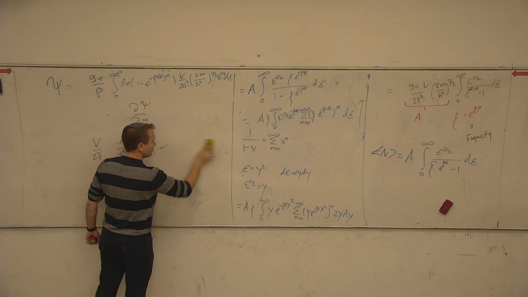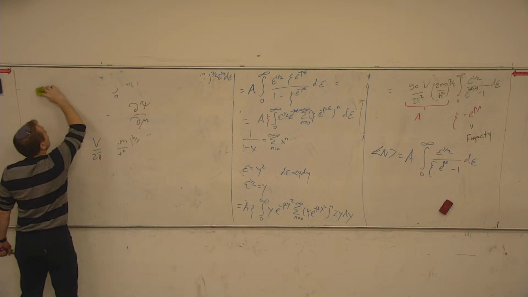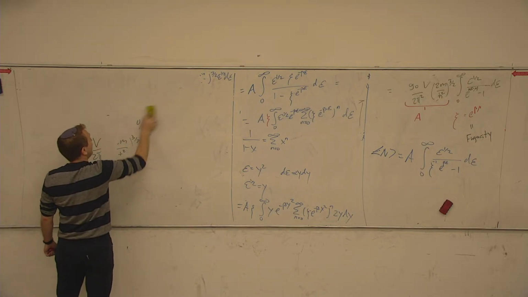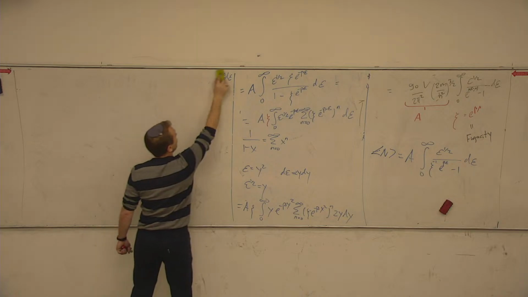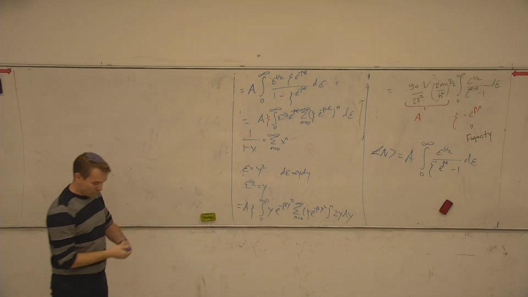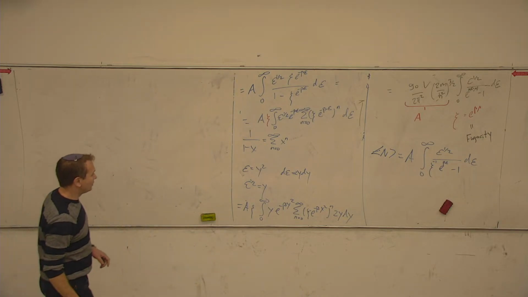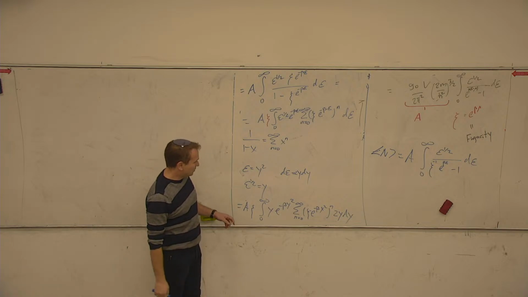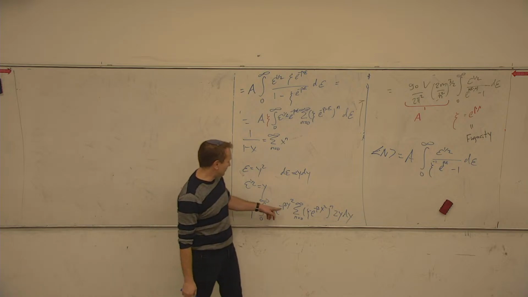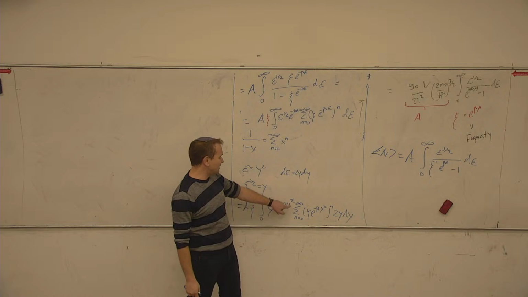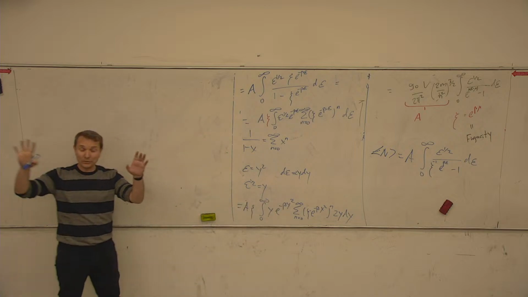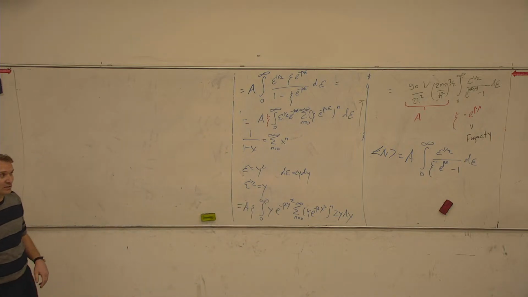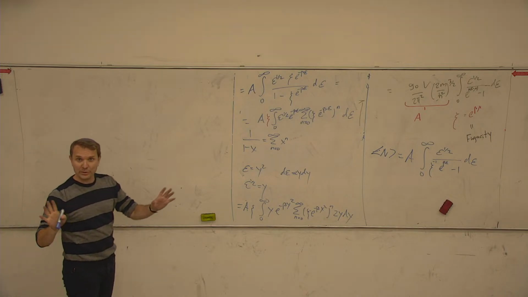Great. Now, why did we do this transformation? Because I see that I have e to the minus beta y squared, and I want to translate everything into a Gaussian integral, and Gaussian integrals we know how to compute.